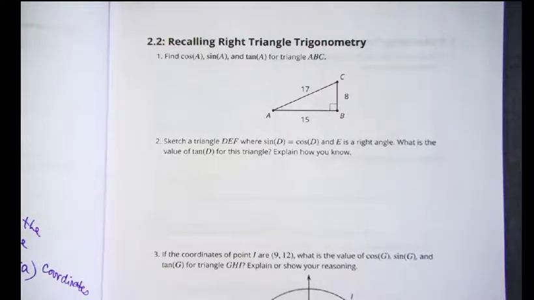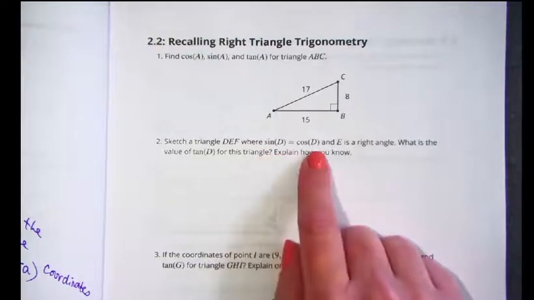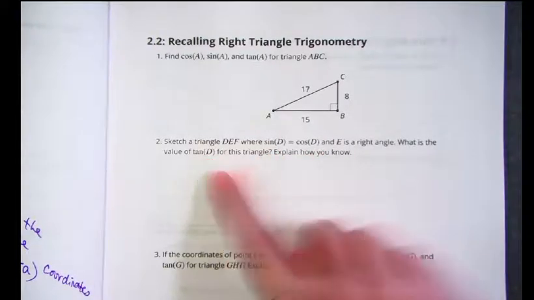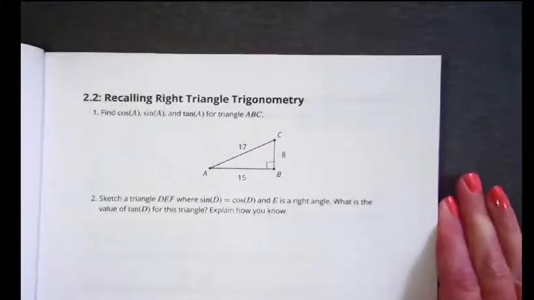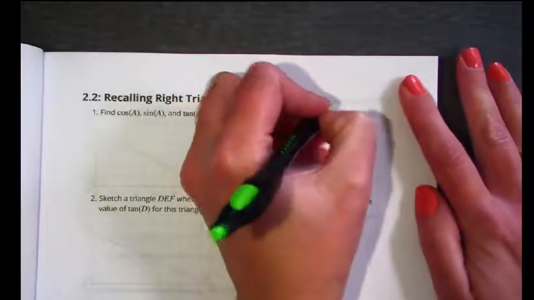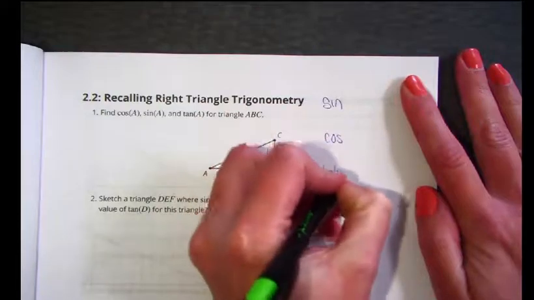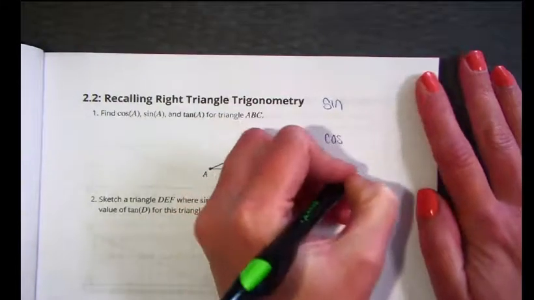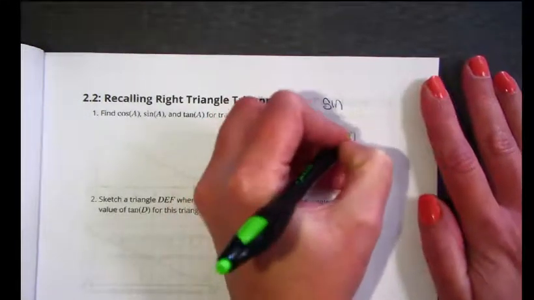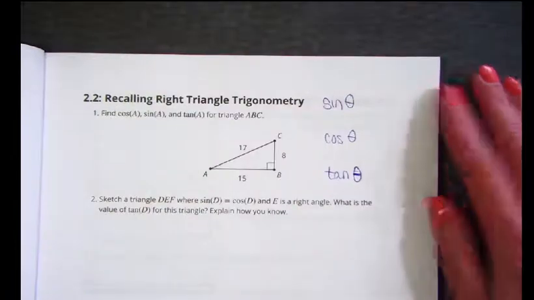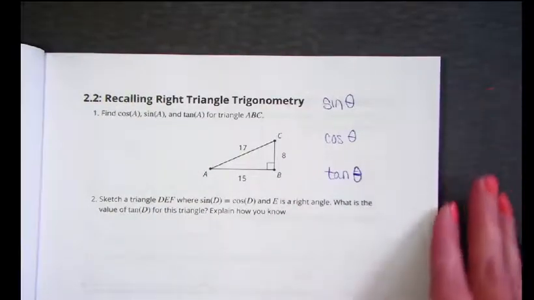You might be remembering some things like sine and cosine and tangent. There are lots of ways to remember sine, cosine, and tangent. We use this thing called theta, usually for angles. I'm pretty sure that's what they're using throughout our unit too.